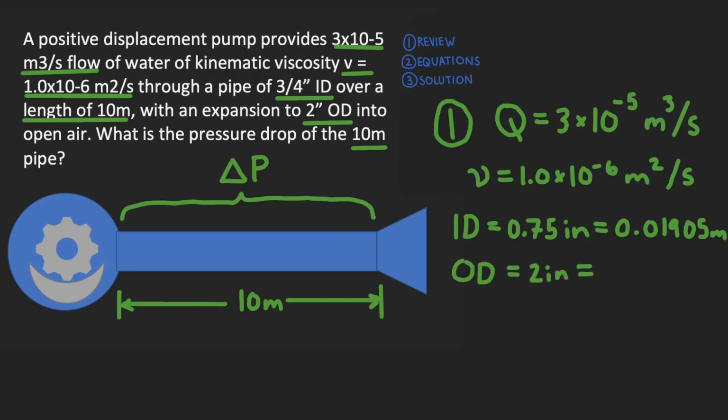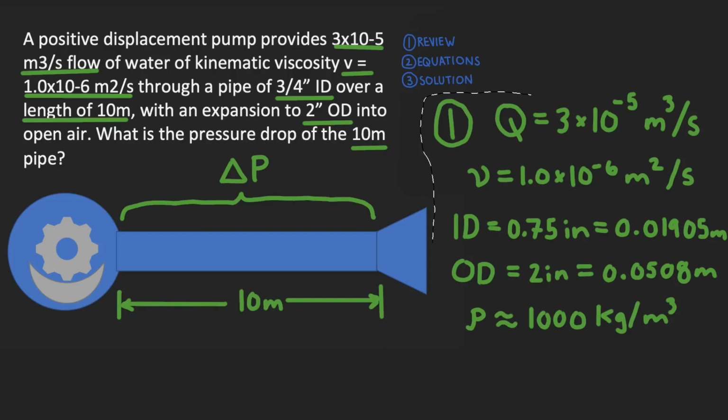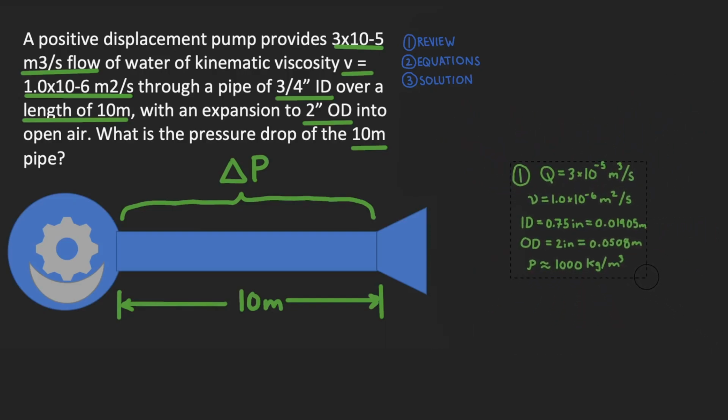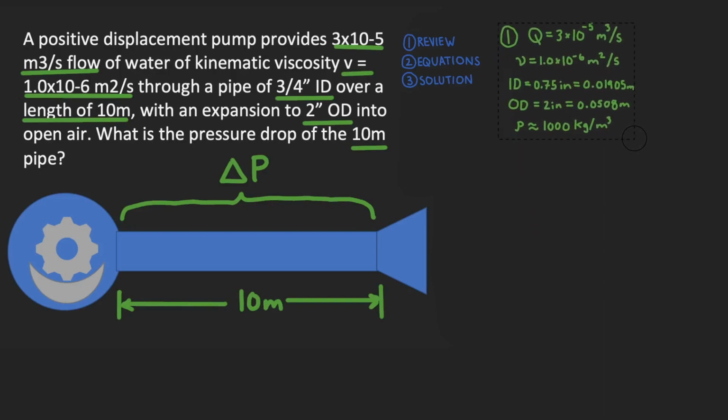Our inner diameter is 3/4 inches, which we can convert to 0.01905 meters. And our outer diameter is 2 inches, which is equal to 0.0508 meters. Finally, we're told that the fluid in our pump is water. Now, because it's water, we know that the density is going to be approximately 1,000 kilograms per meter cubed.